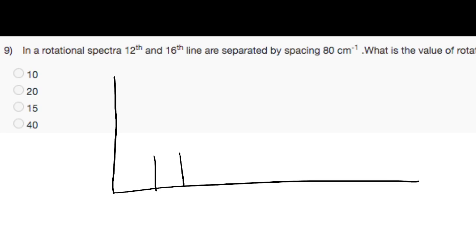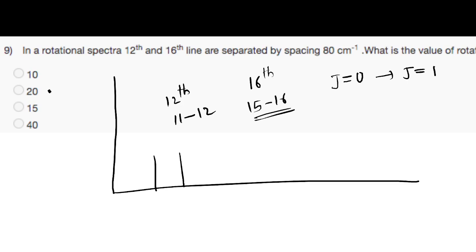The first line means the transition is taking place between j equal to 0 and j equal to 1. The 12th line means the transition from 11 to 12. Directly we can do the calculation like this.